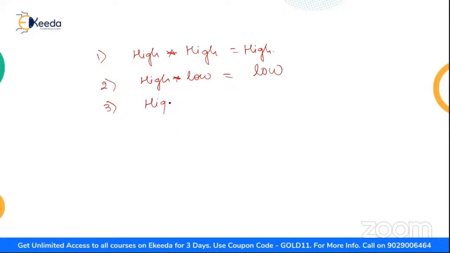High plus high is high. High plus low is high.